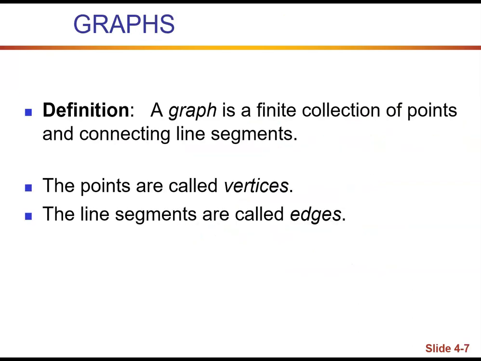Let's talk about graphs. A graph is a finite collection of points and connected line segments. The points are called vertices, and the line segments are edges. Again, that's what Euler made the bridge problem out of: points and line segments, vertices and edges. These line segments could have some curves in them, and we don't really talk about direction.